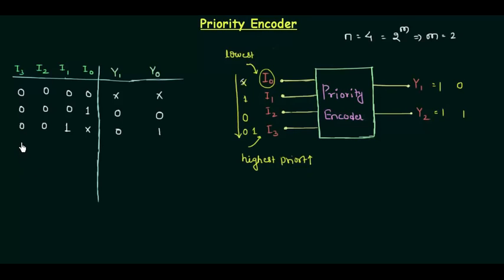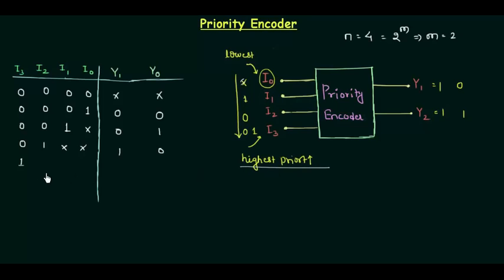Let's move to the next case, in which I3 is 0, I2 is 1. Again, I2 is having the higher priority as compared to I1 and I0. So we don't have to look for the values of I1 and I0 because of the priority of I2, and the output will be 1 0. Let's move to another case, in which I3 is 1 and I3 is having the highest priority.